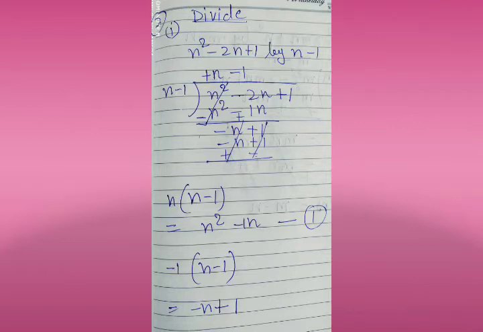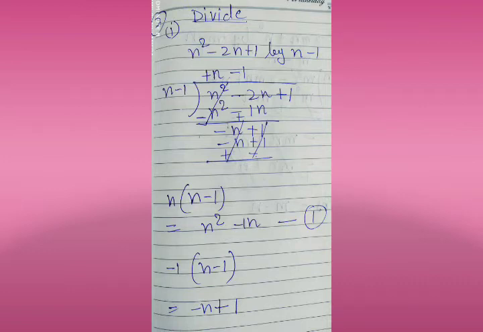Okay, so now let's solve question number 2 sub part 1. N square minus 2n plus 1 by n minus 1. So first we will write, as I have done on the screen, you write like this, then you can see n minus 1, so multiply n minus 1, you can see the calculation also I have done. So with n minus 1, when we will multiply n, then only we will get n square minus 1n.